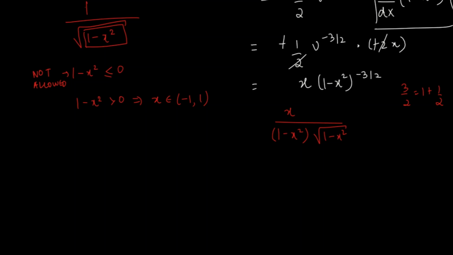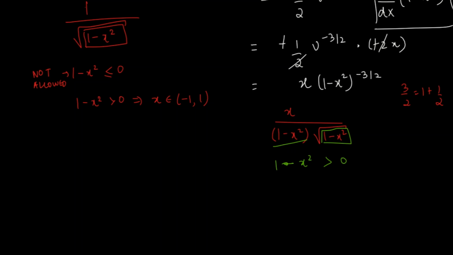Now, we know that this thing cannot be negative, even though it occurs in both places, so 1 minus x squared has to be greater than or equal to 0. But at the same time, if 1 minus x squared is equal to 0, this denominator is going to be equal to 0, and again, the function does not make any sense. So 1 minus x squared has to be strictly greater than 0 in order for this derivative to be defined.